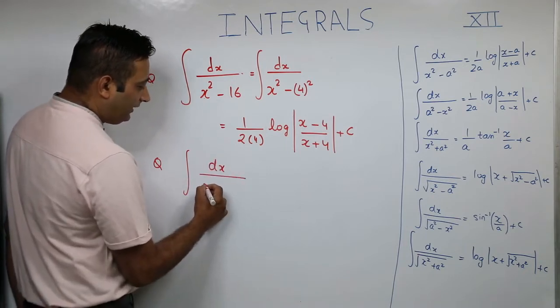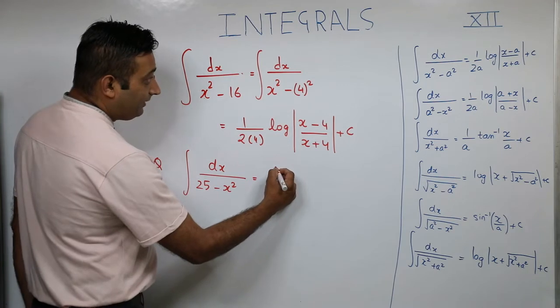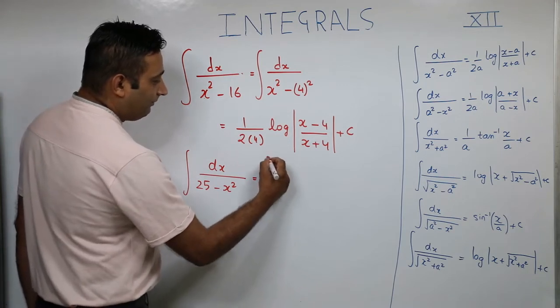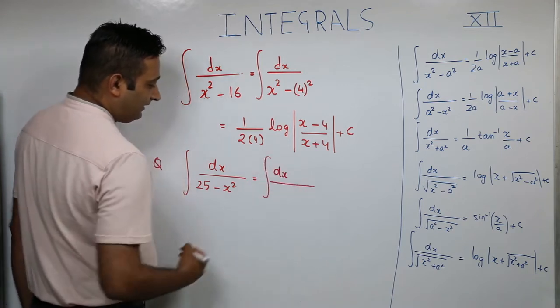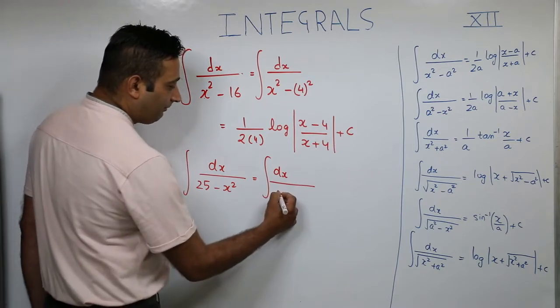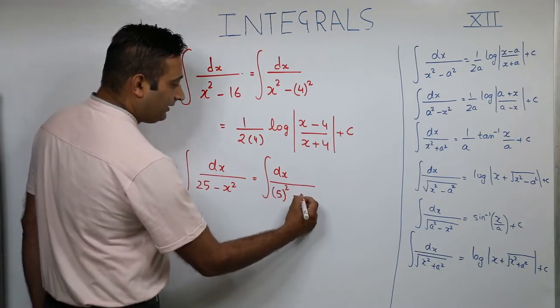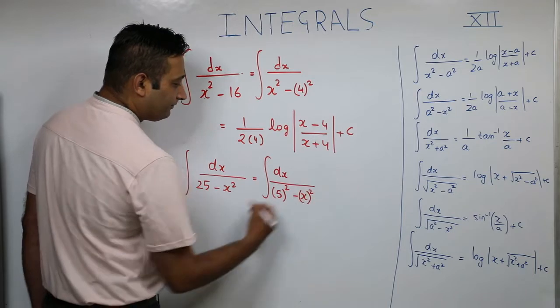25 minus x square. You can see this can be compared with the standard integral dx upon a square minus x square, where a can be written as 5.